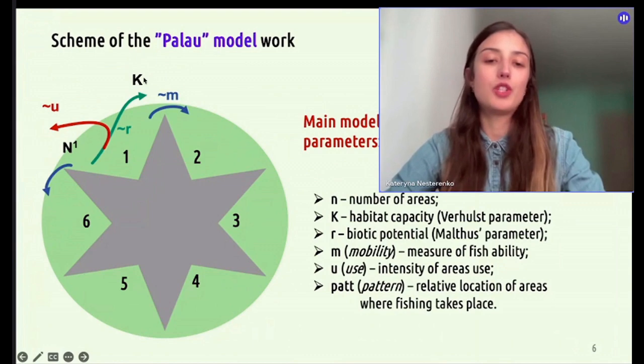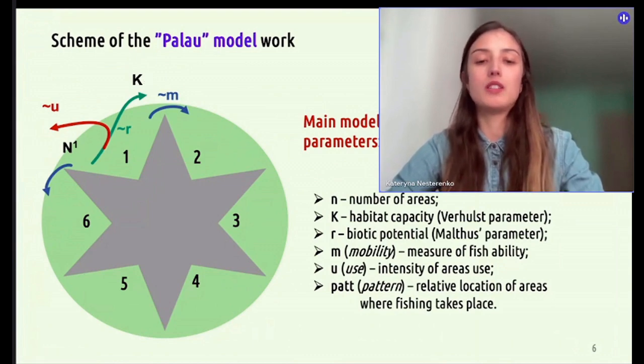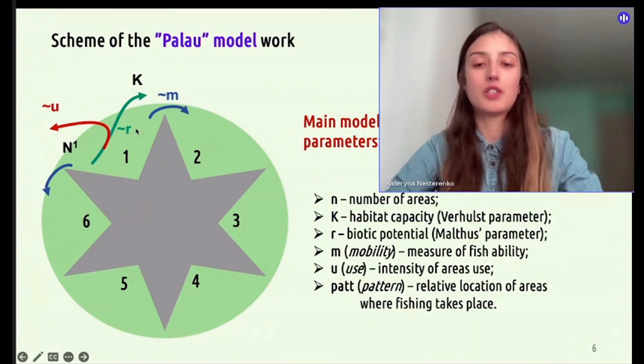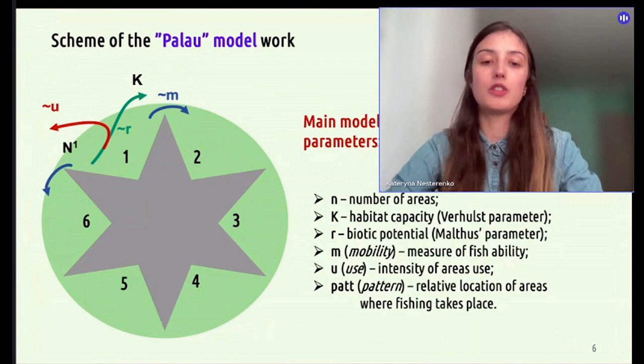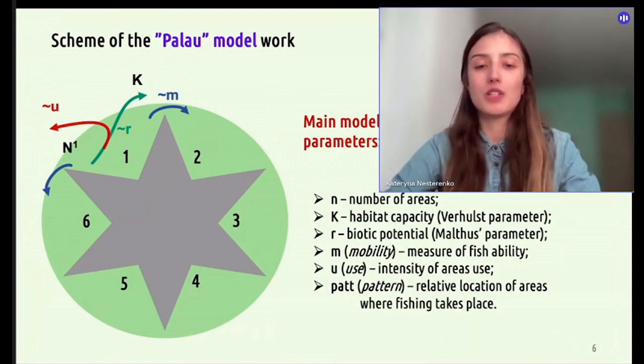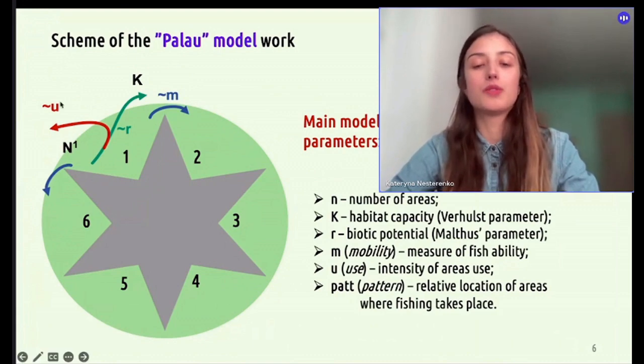In each area, fish reproduce, which is regulated by the parameter R, biotic potential. Parameter M describes the speed at which fish are distributed between water areas, and the U parameter determines what part of fish stocks we take in the case of organizing fishing in a certain area.